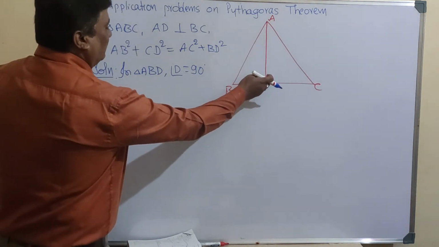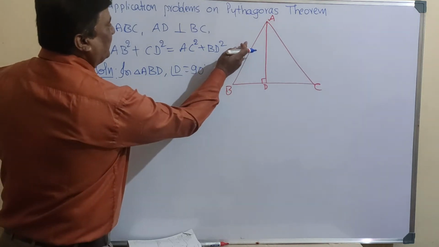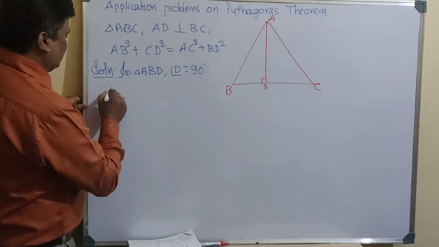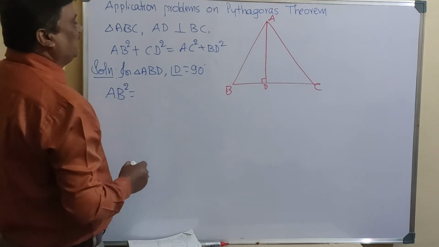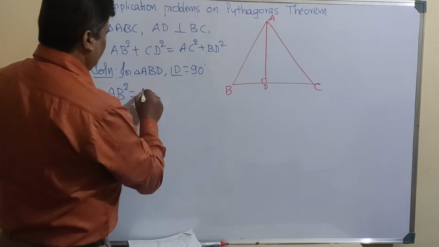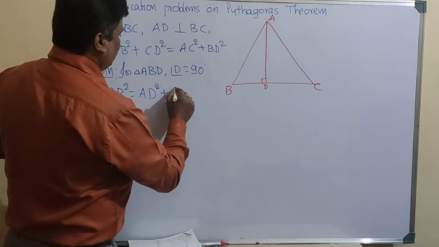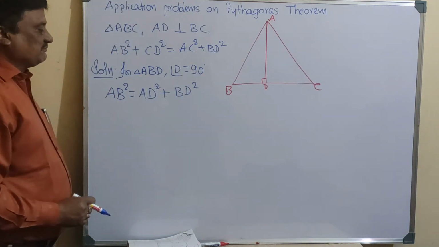Then the side opposite to this 90 degrees in triangle ABD is AB. It means AB is the hypotenuse. So we can write AB square is equal to AD square plus BD square.